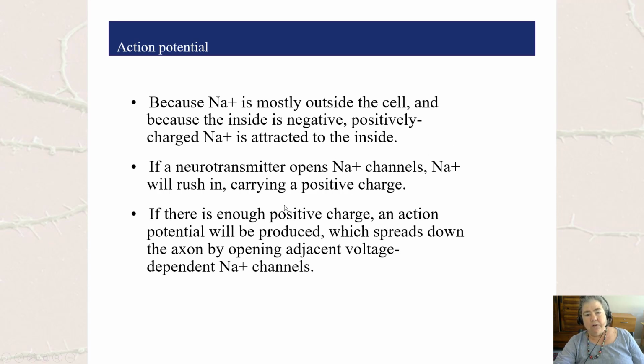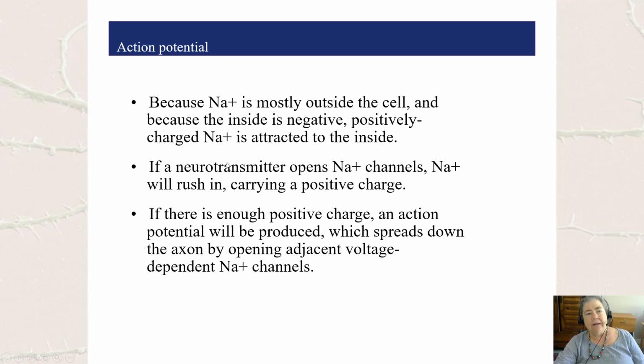When the sodium comes into the cell, it causes depolarization. That negative charge actually reverses, goes to zero and into positive territory. If there is enough of a positive charge and you reach threshold, that's when the action potential occurs.